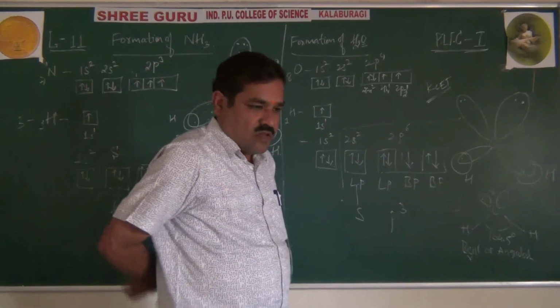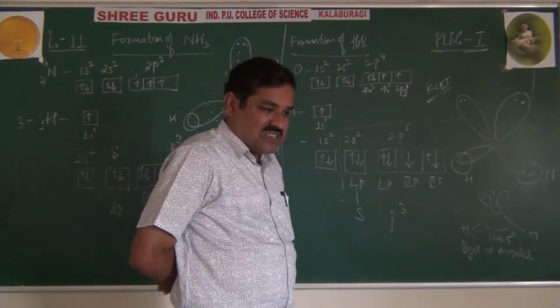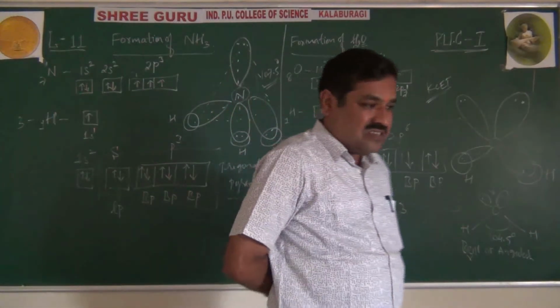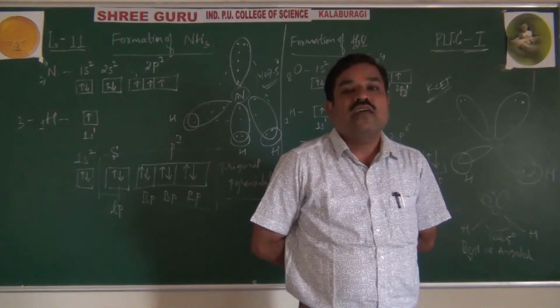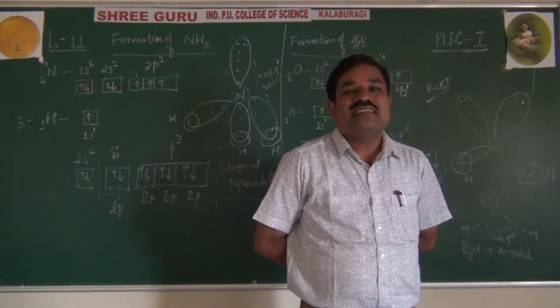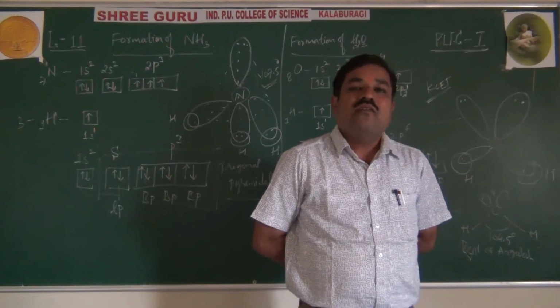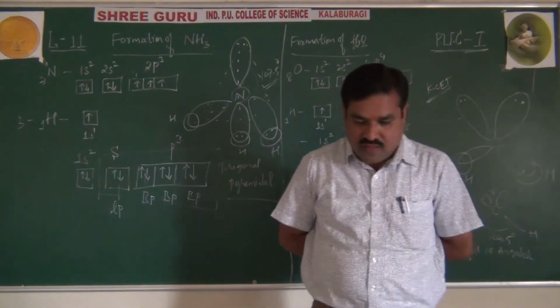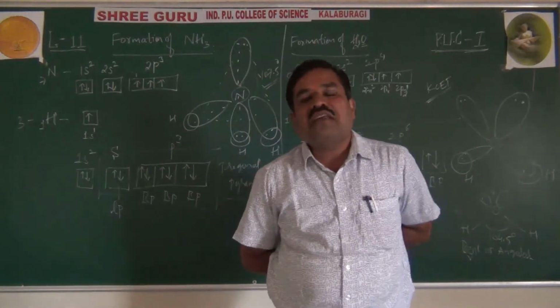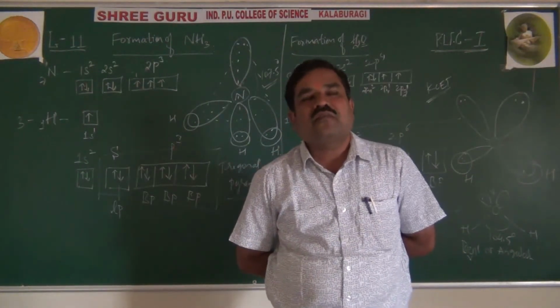This is disturbing regular geometry, and even the bond angle also. So that only we are going to study next. This has been explained very well without using the concept of hybridization: valence shell electron pair repulsion theory.